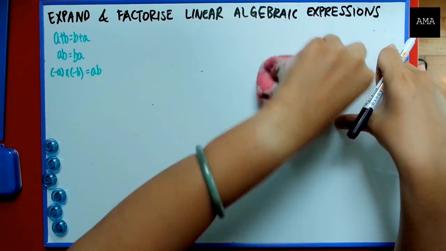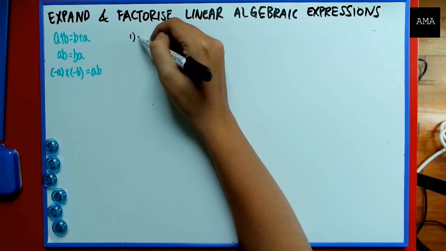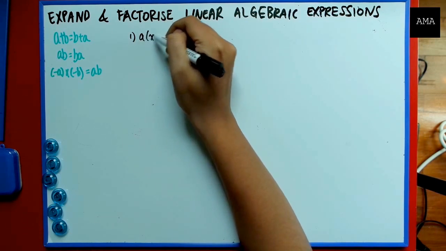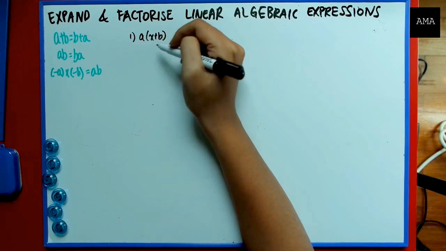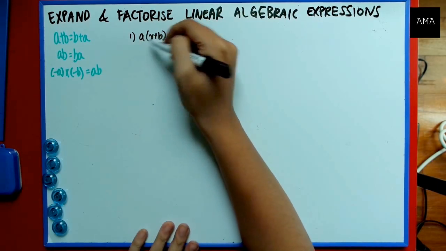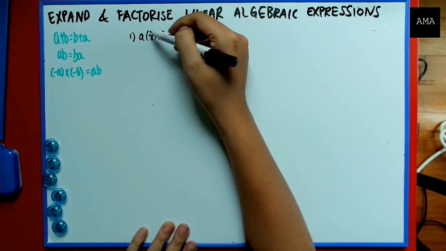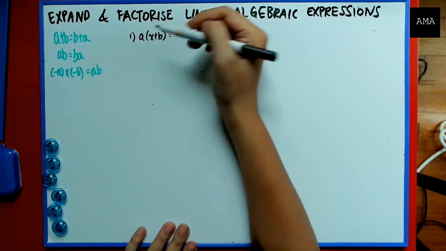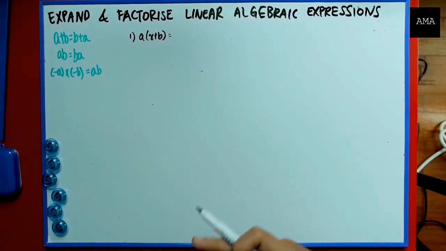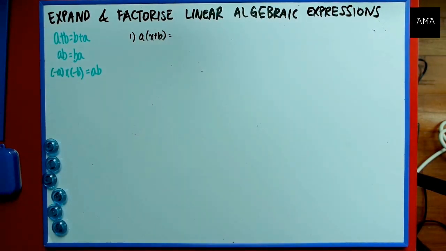So let's start with the actual topic. What is expanding? Okay, this is a relatively simple algebraic expression, but now I have brackets involved, or parentheses, okay? So what you have to do, how do you expand this? To expand an expression means to express this such that there are no parentheses.